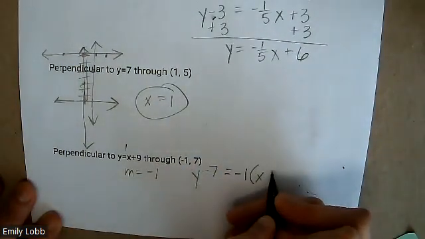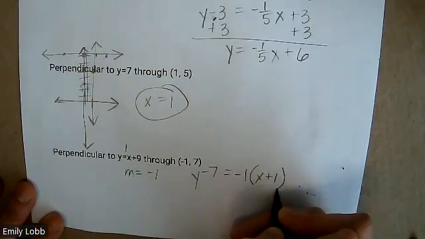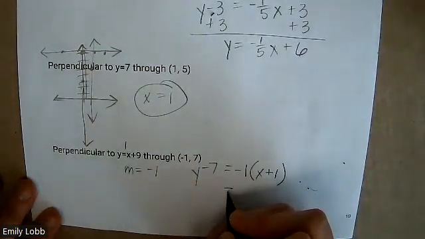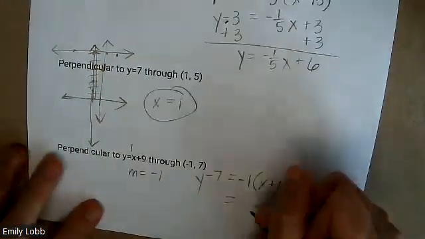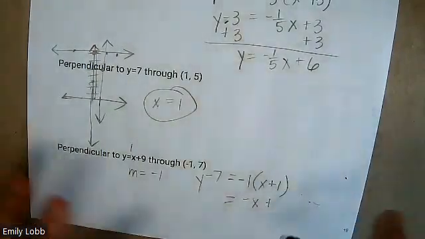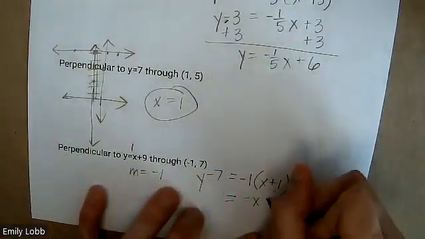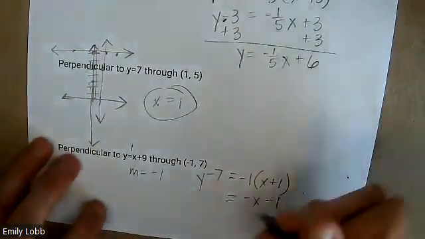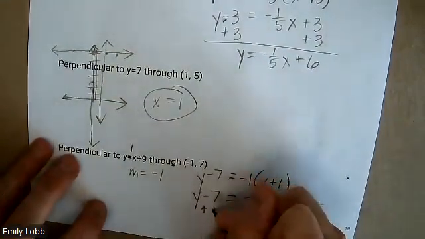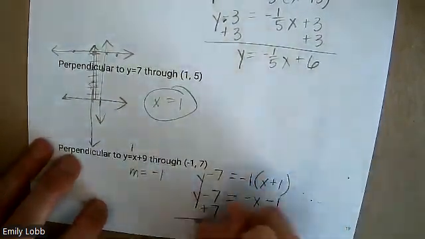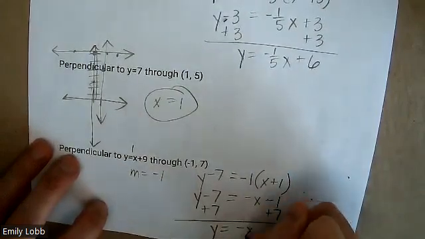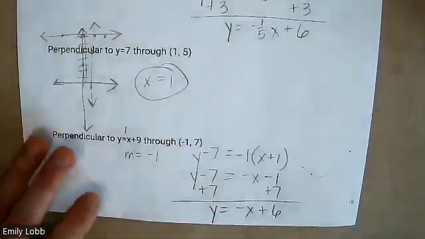So the opposite of negative 1 is positive 1 here. I'm distributing, so I'm essentially taking the opposite, negative x minus 1. Y minus 7, so I'm adding 7 to both sides. Y is equal to negative x plus 6.